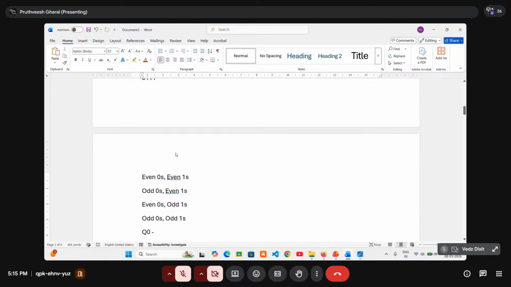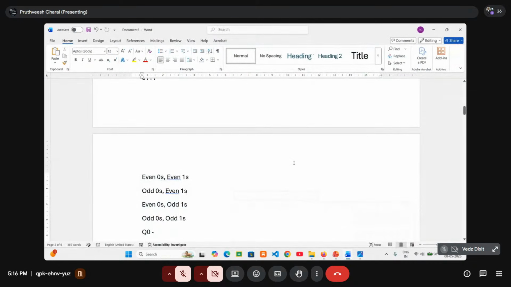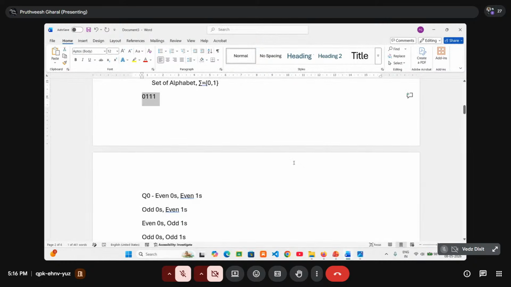Whenever we start this machine, we are assuming that the string has an even number of zeros and an even number of ones. It is a very simple assumption: when there is no input, we have not yet seen anything, so the DFA has seen an even number of zeros and an even number of ones.